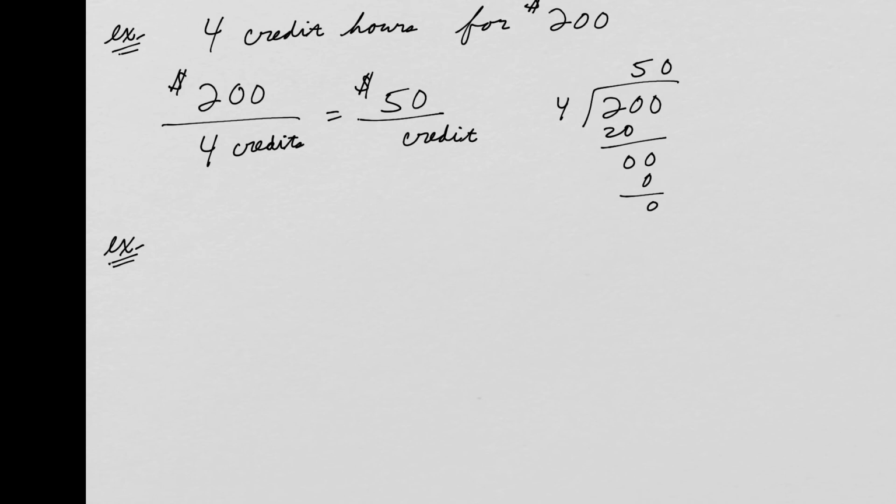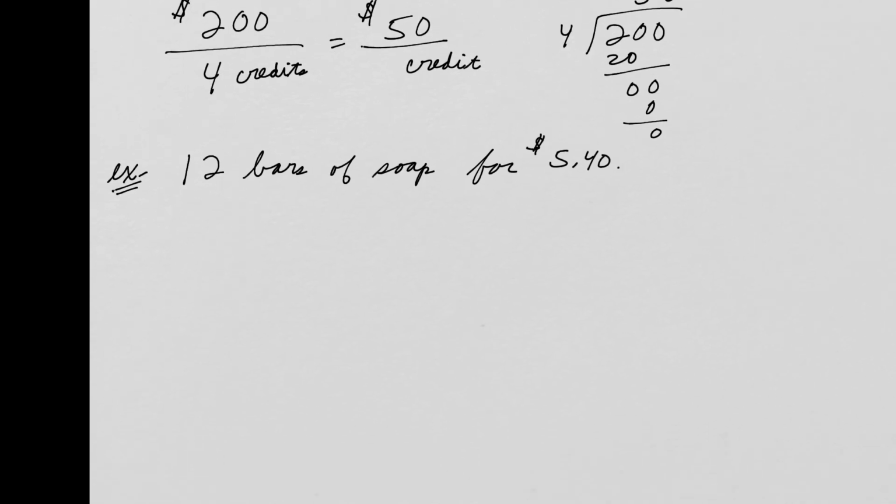Okay, a few more examples here. 12 bars of soap for $5.40. Okay, we want to find the unit price. So I first formed a ratio, right? I put the total cost in the numerator, the number of units, 12 bars, in the denominator, and then I want to write it as a unit rate, which is a unit price, by dividing it out.